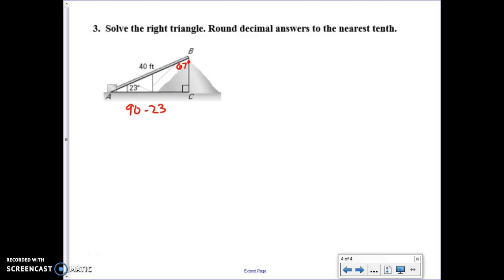I'm going to write SOHCAHTOA at the top again. Then I have just the hypotenuse, and I'm going to look at angle A. You could look at angle C instead.